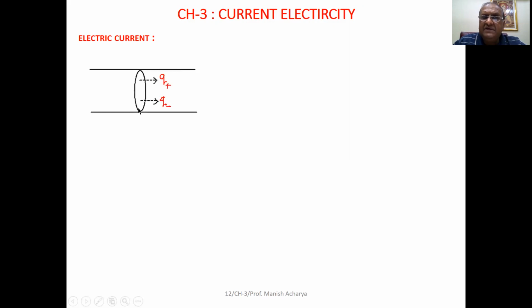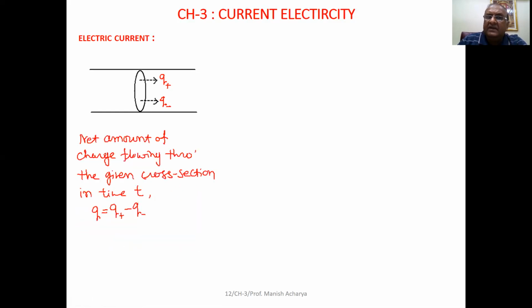If we imagine any cross section of the conductor, and through this cross section, in a given time t, the total positive amount of charge flowing is Q plus, as well as the total negative amount of charge flowing is Q minus, from left to right as shown in this figure.